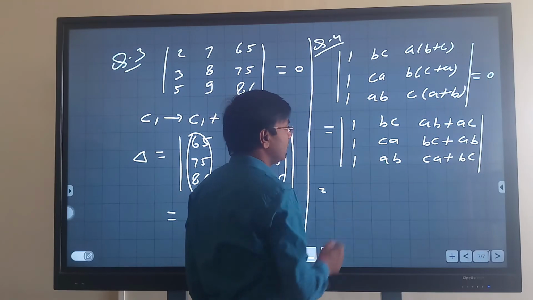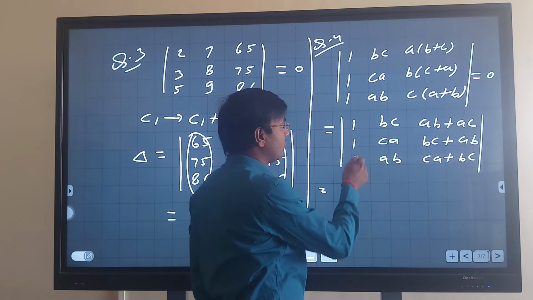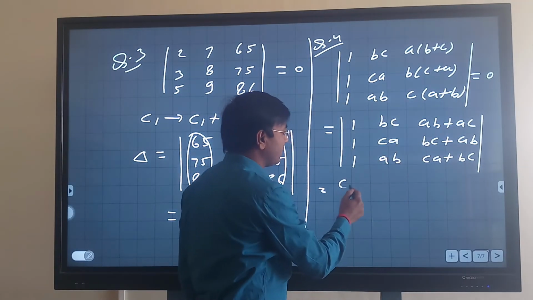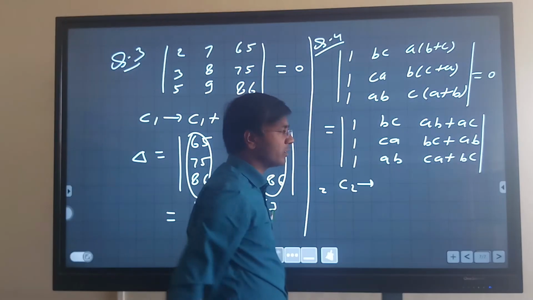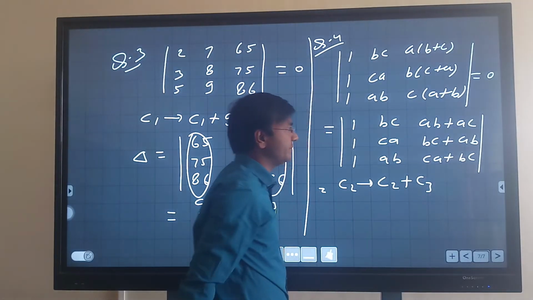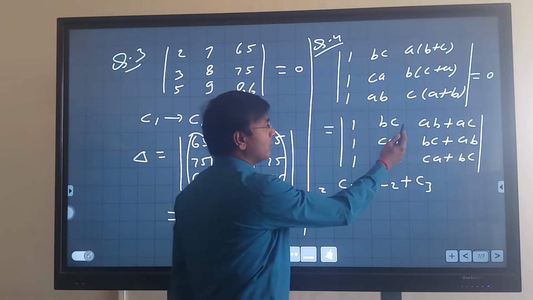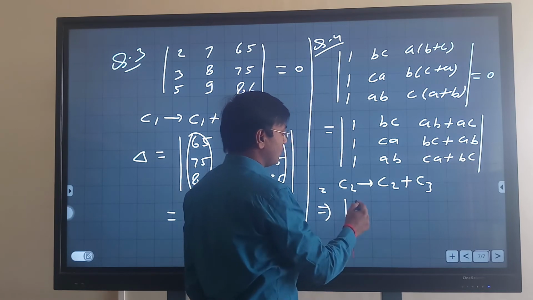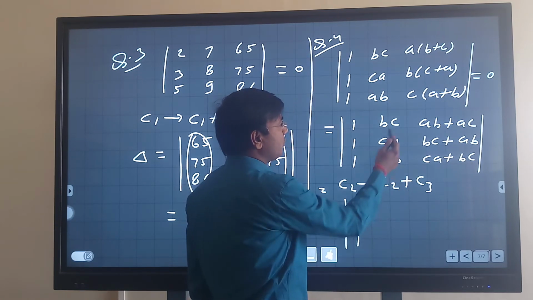Now we see that this is constant 1 1 1, and here AB, BC, CA something is coming. So if we operate what? C2 tends to C2 plus C3, because they are like terms, similar terms. So what will we get? 1 1 1 as it is, C2 plus C3.